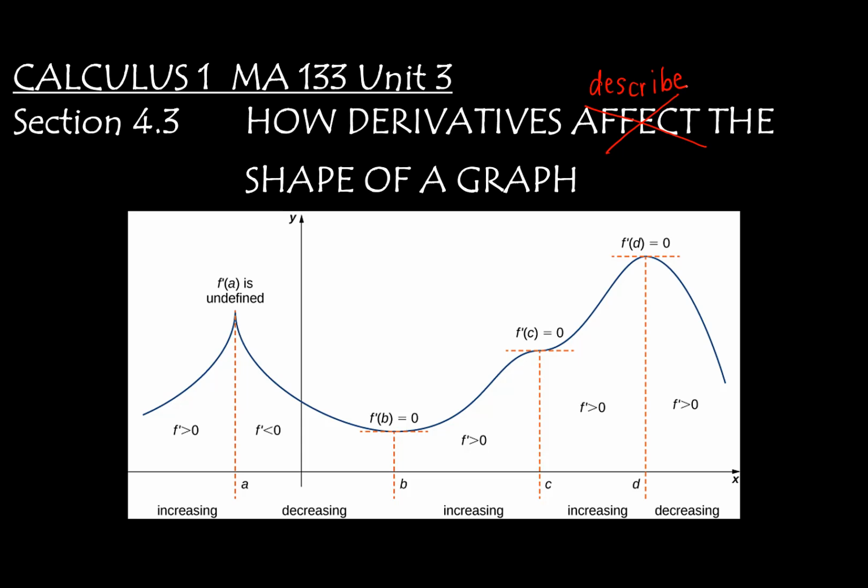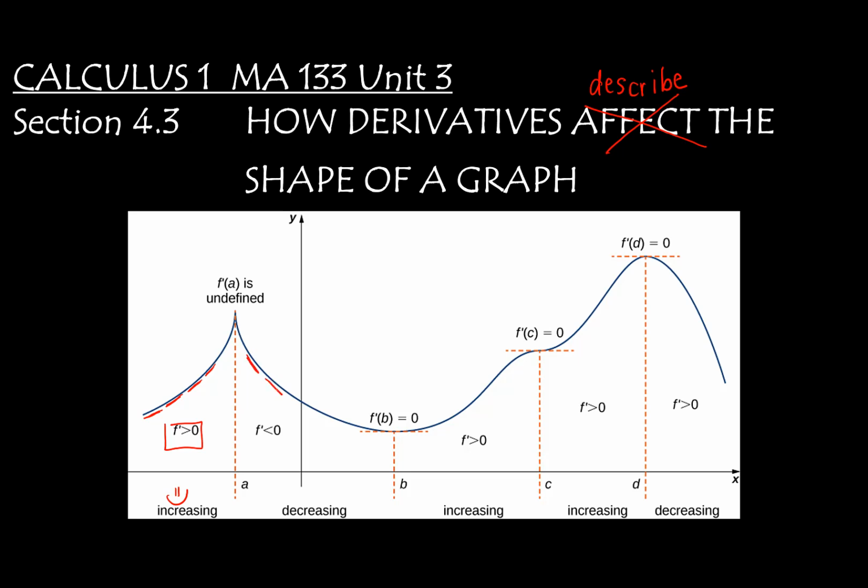And here I've got this picture. We see a couple of familiar things. If you see a cusp or a sharp corner here, the derivative is undefined. If we're going uphill here, we see that we have a positive slope. So the slope is positive. That means the function's increasing.